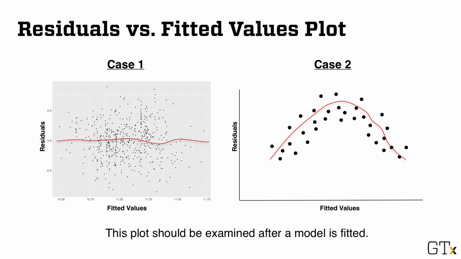In the residuals versus fitted values plot, the plot on the left, case 1, seems to be what we should aim for. Here in this particular case, the residuals are randomly located around the residuals equals 0 line. On the right side, in case 2, there seems to be non-linearities in this particular plot.